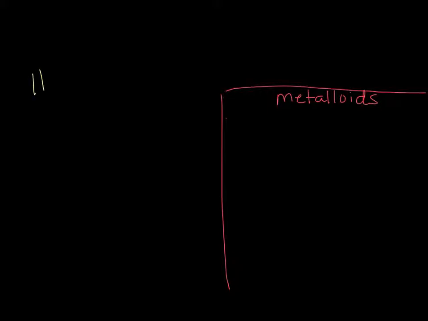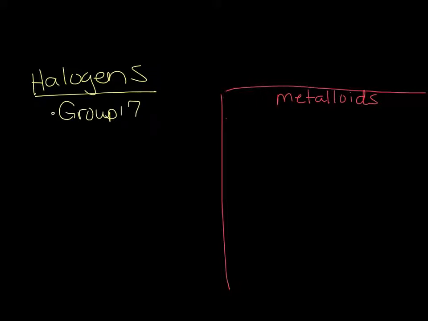Group 17 are the halogens, and group 17 contains chlorine, fluorine. Chlorine is dangerous, but when it's combined with sodium, it's a harmless table salt. So halogens can be very dangerous when uncombined. But when they're combined, they can be very helpful to us.